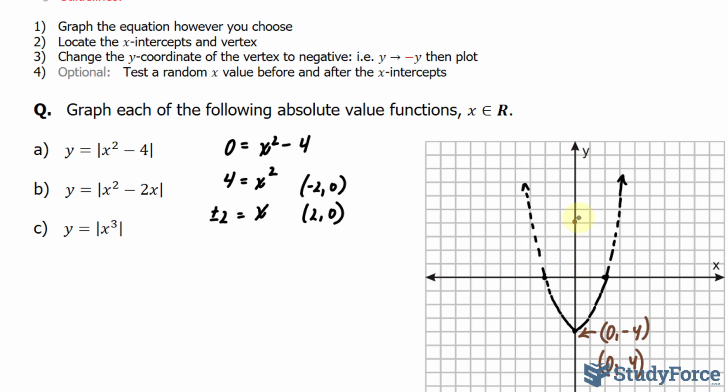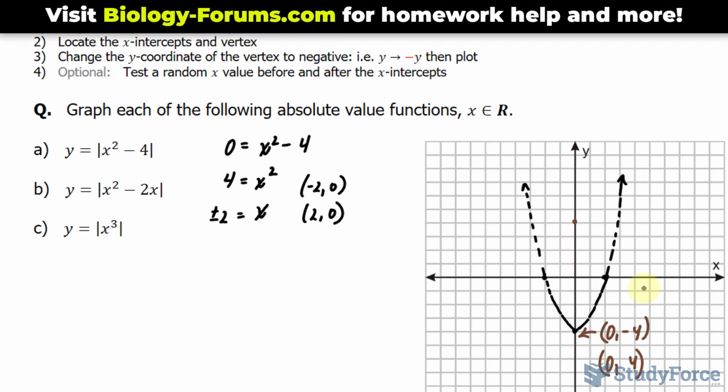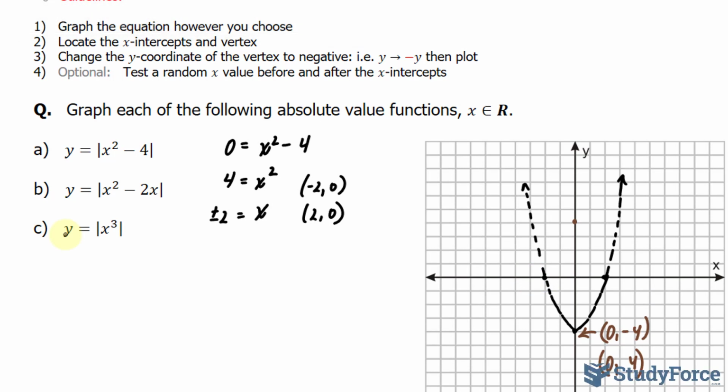And finally, in step number 4, test a random x value before and after the x-intercepts. So what I have to do is test a value that's to the left of this point, in between these points, and to the right of this one. And what you'll find is that if you, let's say, substitute negative 3 into here, you'll always end up with positive y outputs.